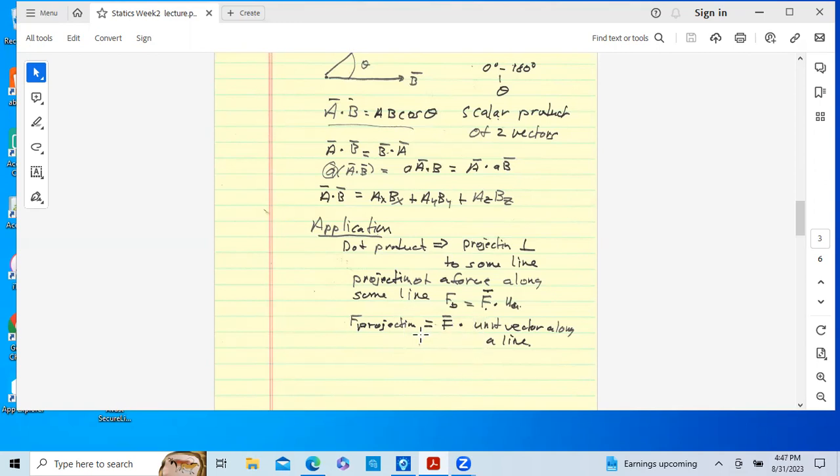And that projection is going to be a dot product of that force with that unit vector along that line. So F, the vector F dot unit vector, and that unit vector is going to be along the line, will give you the maximum, give you that force projection along that line, which is what we call this FB right here, the force projection.